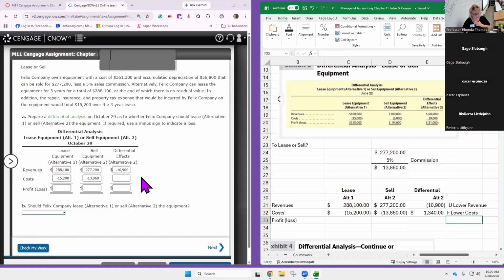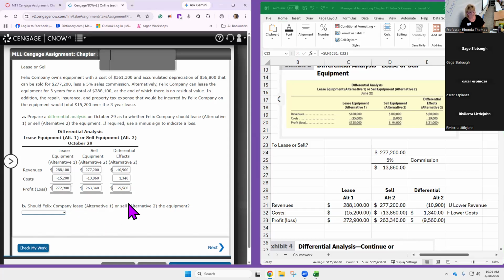Okay, so now we're going to calculate. This is a positive number. Now we're just going to add down across here. Now that we know what our numbers are based on the two alternatives, if you take a minus 10,900 and add 1,340, you get a negative 9,560.